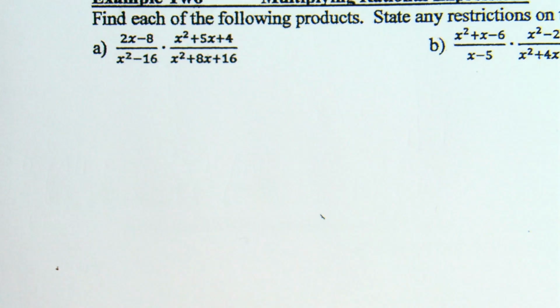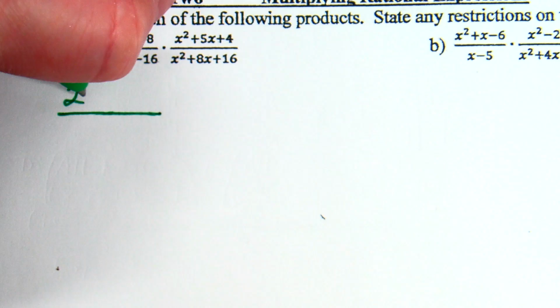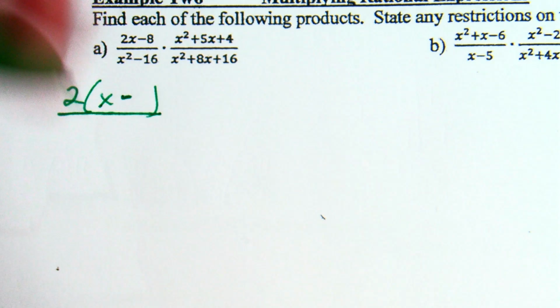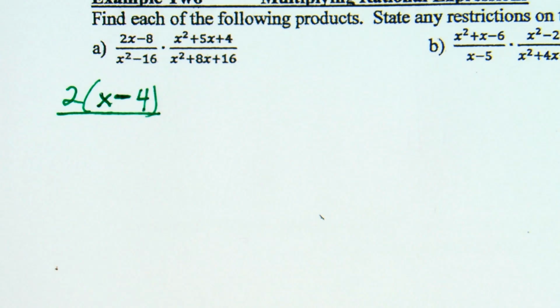A 2. So put a 2 out front. And then 2x divided by 2 is x. Minus 8 divided by 2 leaves me with minus 4. You want to go ahead and do the denominator on this fraction then? So right now I have 2 times x minus 4. Okay. What about x squared minus 16?